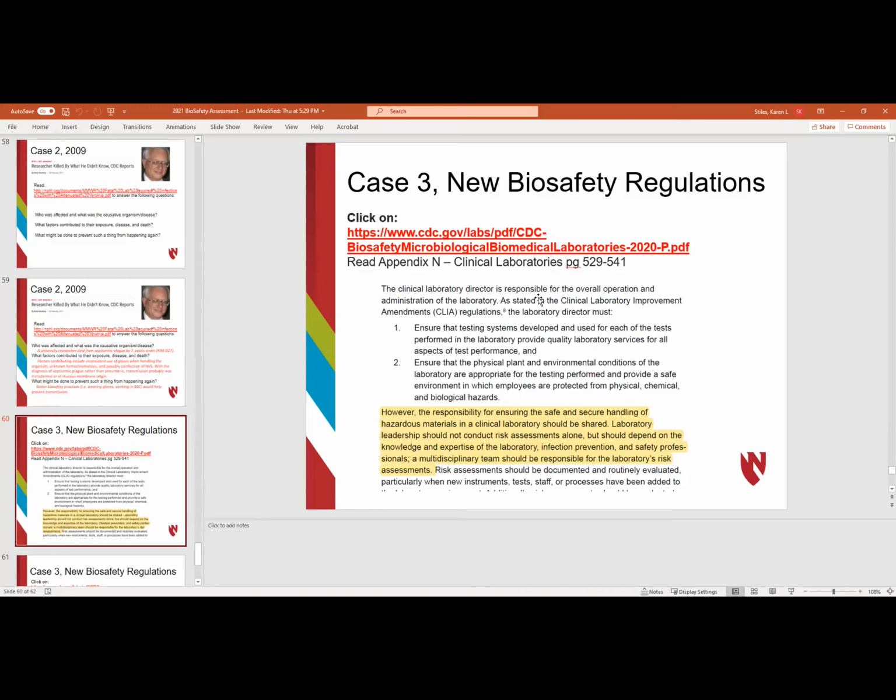So something called the BMBL, which you might not be familiar with, is kind of the Bible to all biosafety rules in clinical labs, in research labs, whatever.